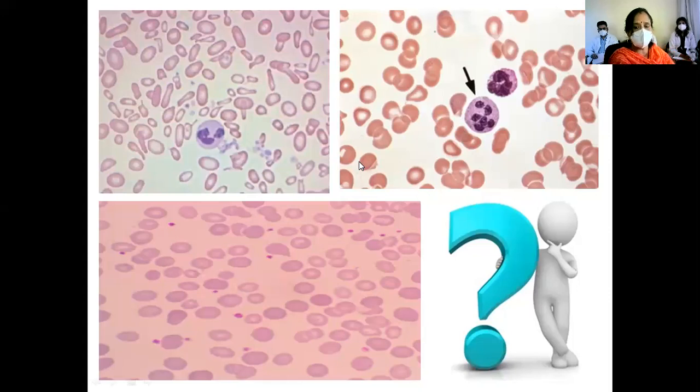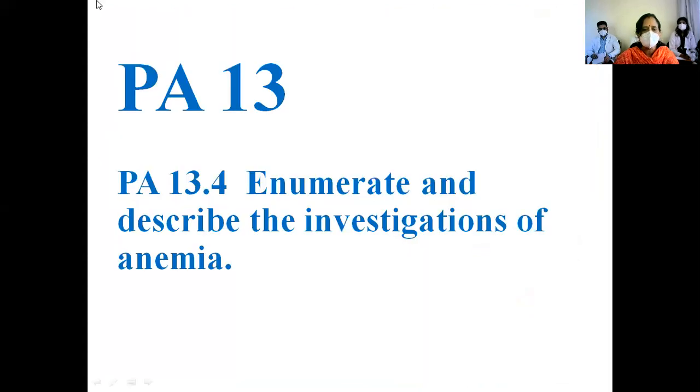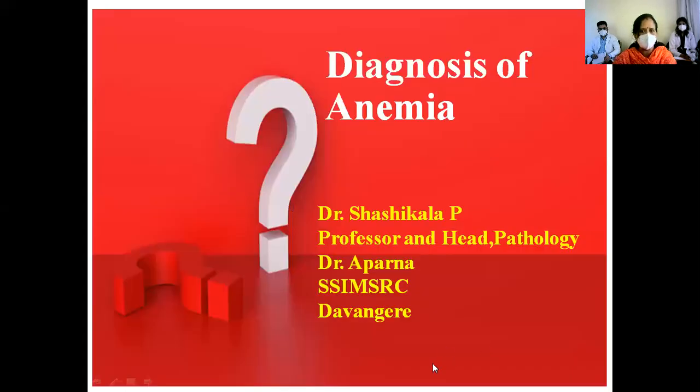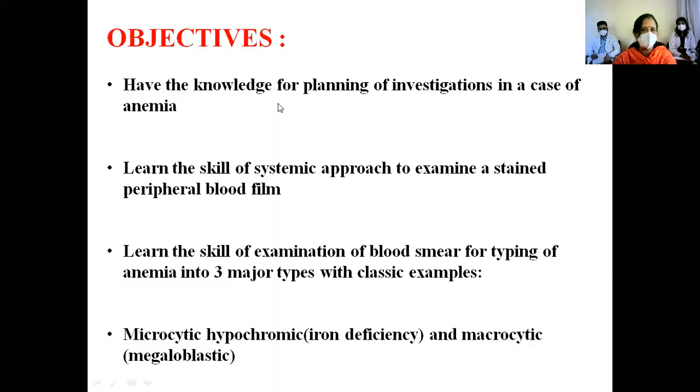This is a question now that you have in mind. So when we see all this, what could it be? Here I'll tell you that's a competency, and the objectives are: one thing is basic knowledge, how to go further to investigate a patient who has got anemia.